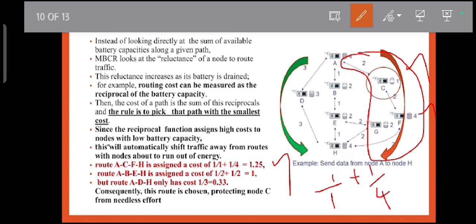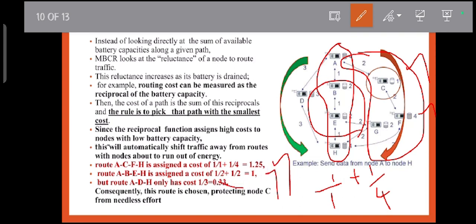The next possible path is A, B, E and H. In this path, the intermediate nodes are B and E, with battery percentages 2 and 2. So 1 by 2 plus 1 by 2 is equal to 1. Keep in mind the reluctance of a node is calculated with the reciprocal of its battery capacity.